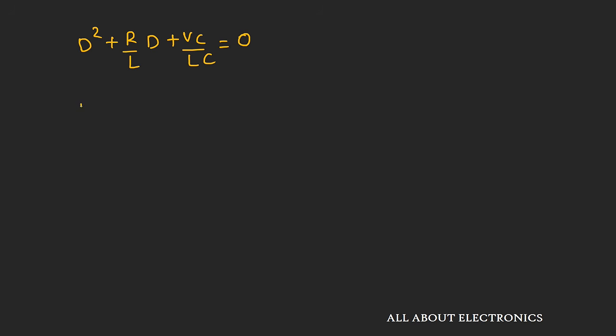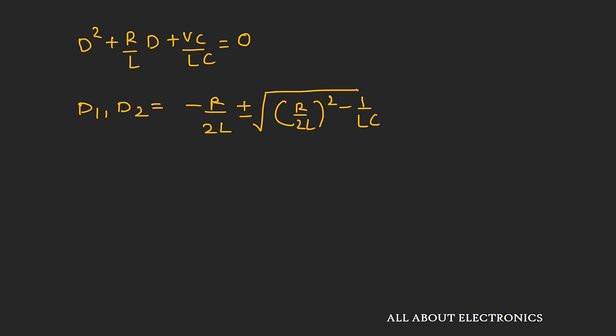Then we will get two roots. Let us say D1 and D2 are the two roots of this equation, and these roots can be given as minus R over 2L plus or minus under root (R by 2L) whole square minus 1 over LC.